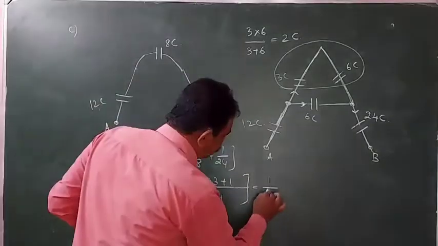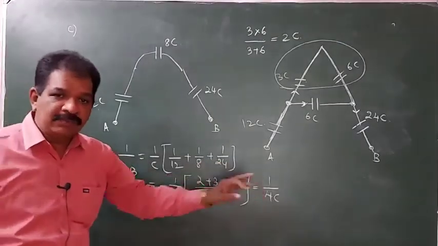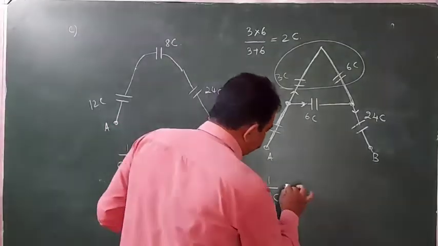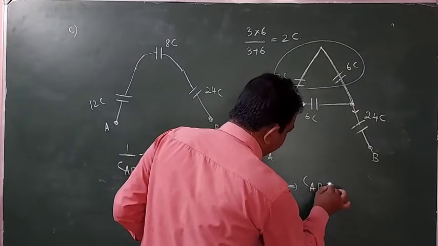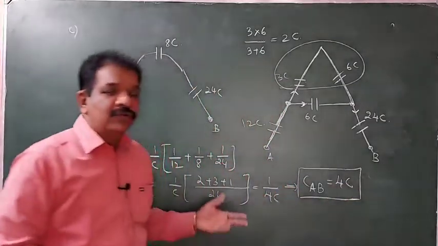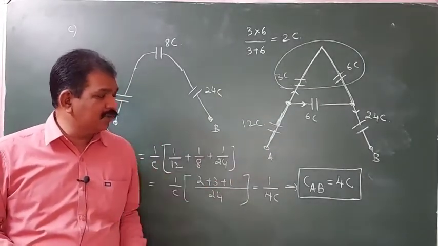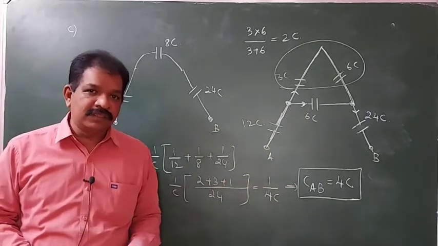This value is equal to 1 by 4C. So 1 by CAB is equal to 1 by 4C. Then CAB is equal to 4C. So the effective capacitance of this circuit is 4C.